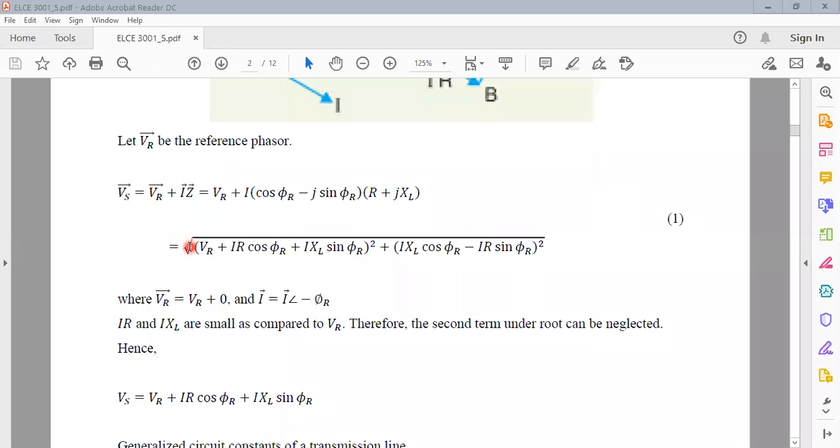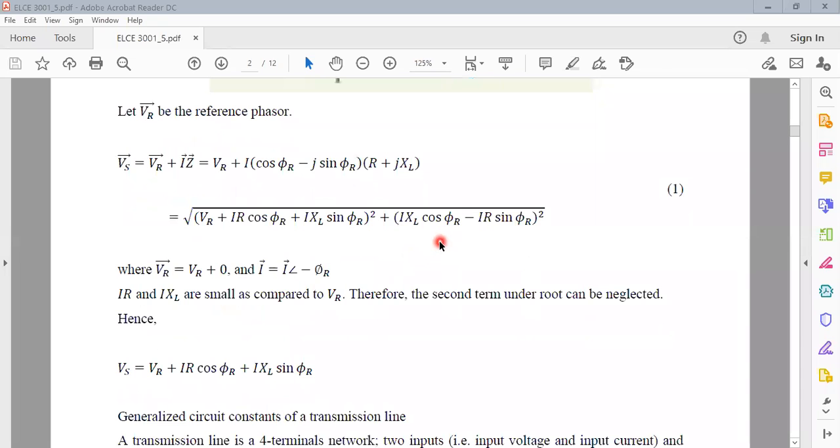Now IR and IXL are small components compared to VR here. When we compare them with VR, the second term can be neglected, because this value is very small.